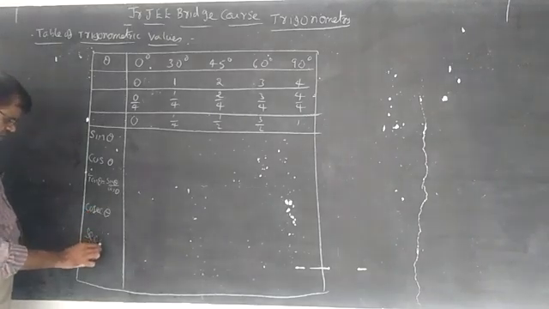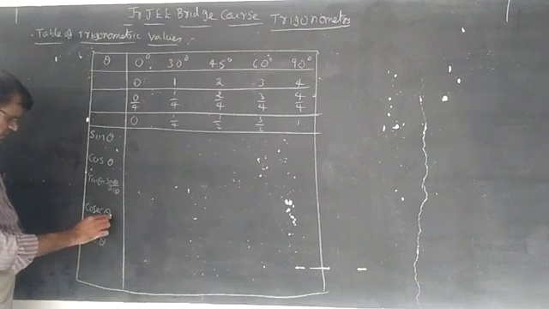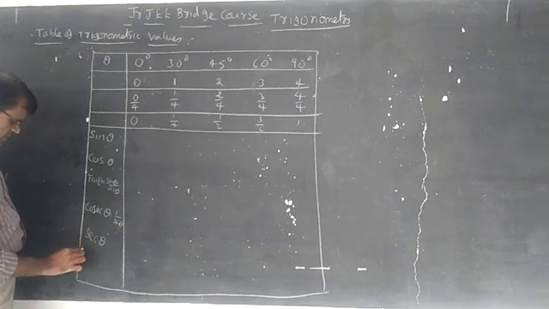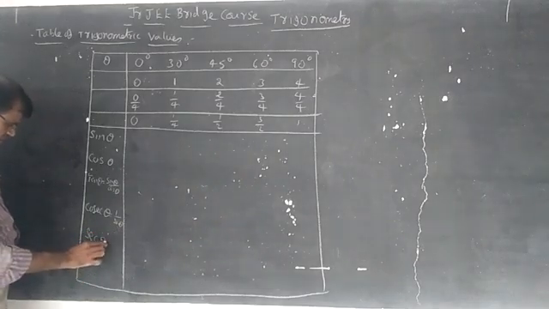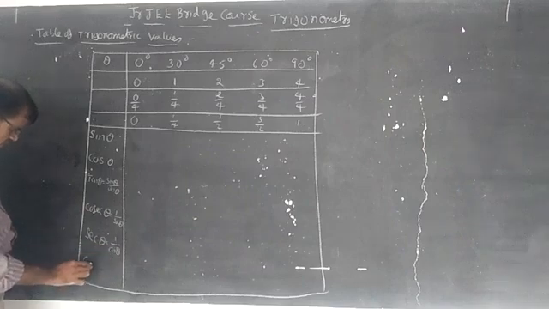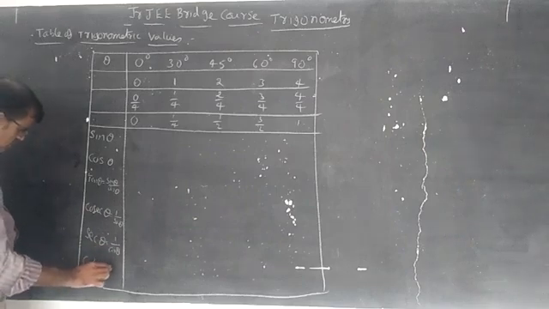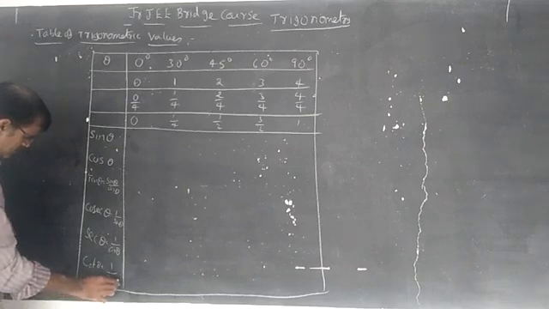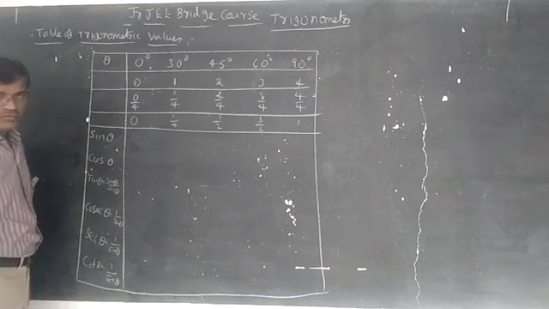Next cosecant theta and secant theta. Cosecant theta is equal to 1 by sin theta. Secant theta is equal to 1 by cos theta. And cot theta is equal to 1 by tan theta.